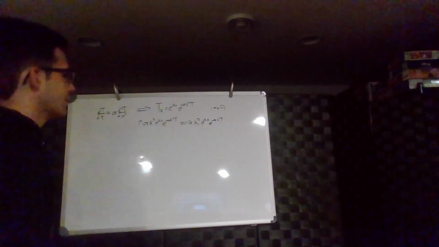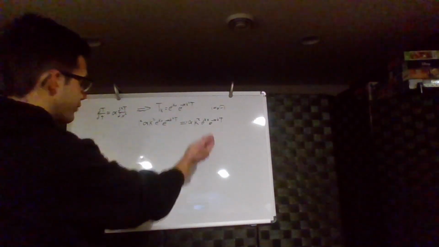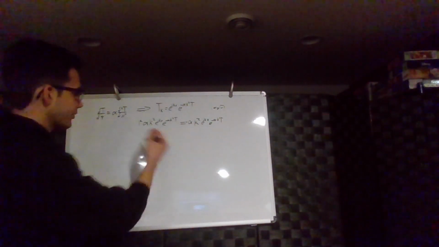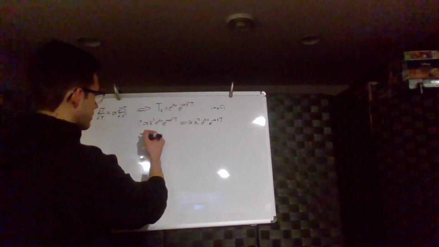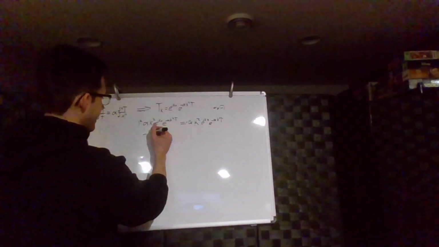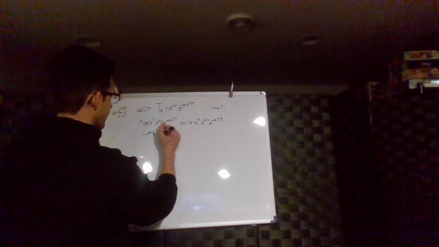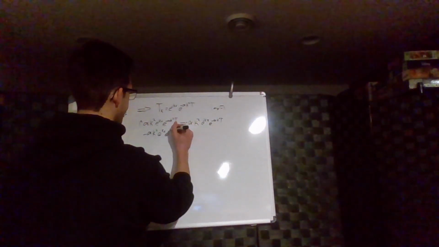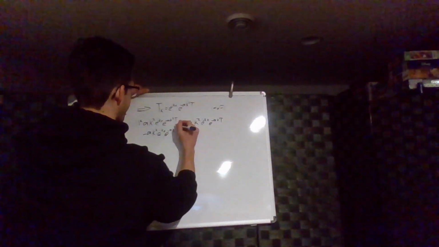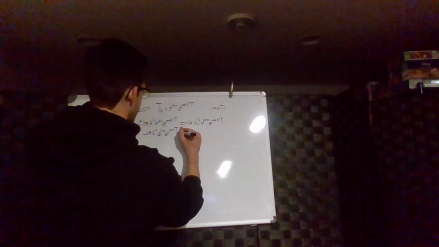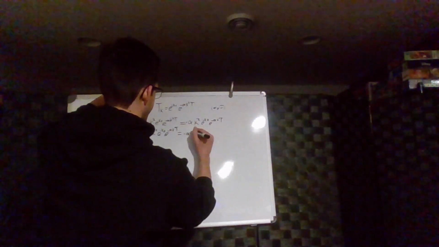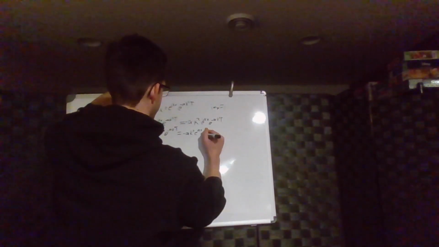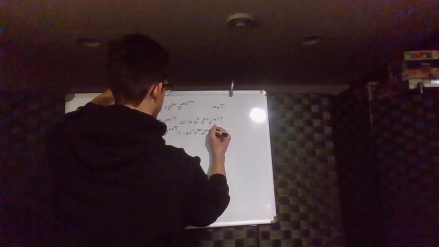So to show that these two are equal, you might say, well, this has i squared, this is not quite equal to that. Actually, it is, because remember, i squared is just -1. So this is negative alpha k squared e to the ikx e to the negative alpha k squared t, equals our negative alpha k squared e to the ikx e to the negative alpha k squared t.